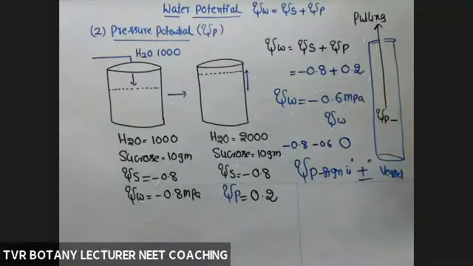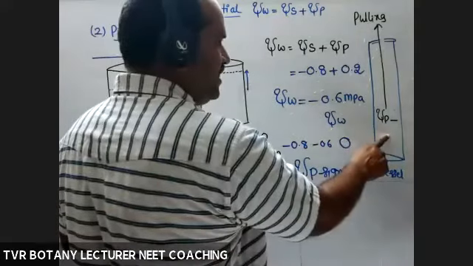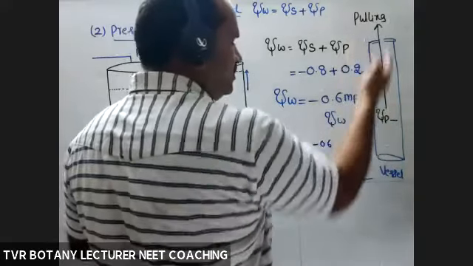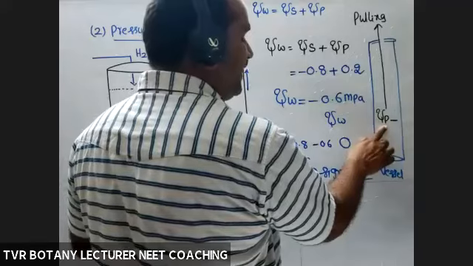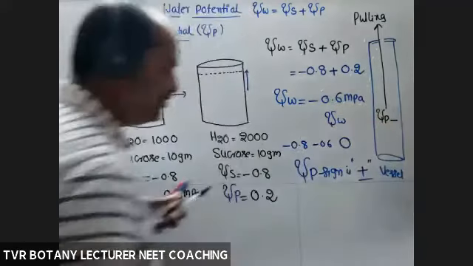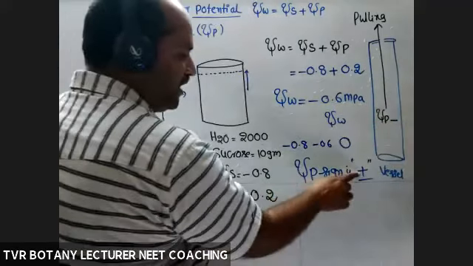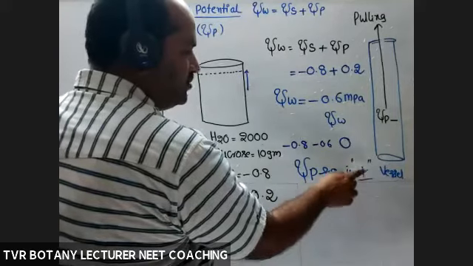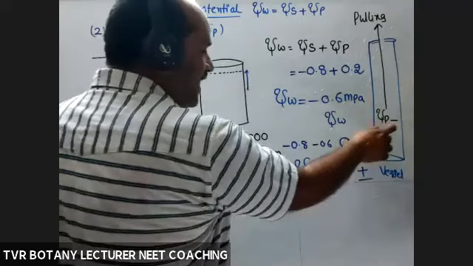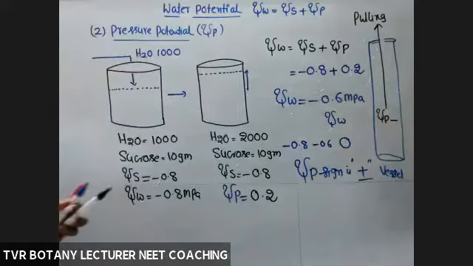So except xylem vessels and tracheids, in the rest of the living cells, psi P value is positive. But what about in the case of xylem vessel, as it involves pulling, taking out? What about the pressure? Negative sign. So psi P is plus or minus, usually positive sign. Rarely in the case of xylem vessel. In the case of xylem vessel only, that is a negative value.